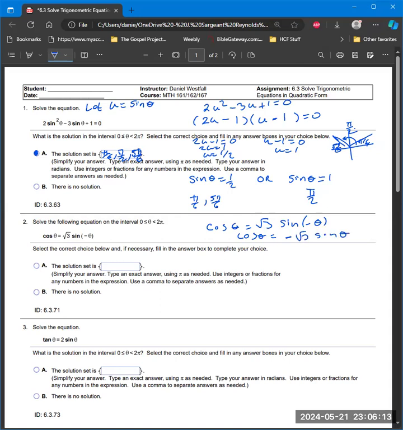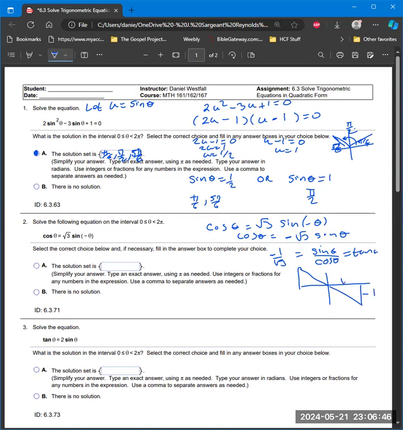I always want to try and make a tangent show up when I see sines and cosines like this. So I want to get sine over cosine as tangent. That's going to give me a negative 1 over root 3 on this side is equal to sine over cosine on this side, which is equal to tangent. So tangent is negative, and that's going to be in quadrants 2 and 4.